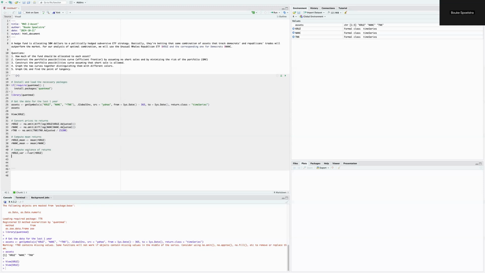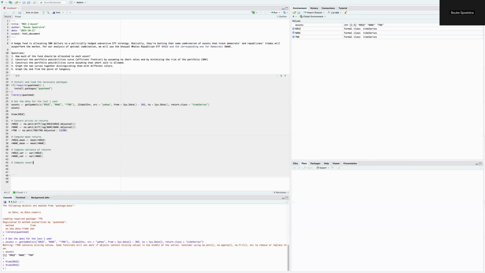We'll see other measures that we could possibly use, like for example the GARCH model, later in the course. But for now, we're just taking the standard variance measure of returns. So the variance of Nance returns would be the variance of our Nance.